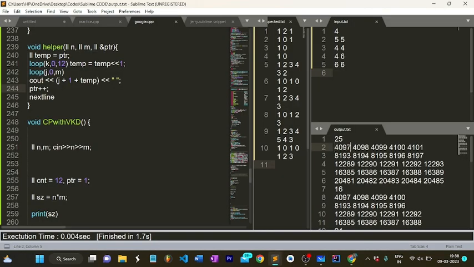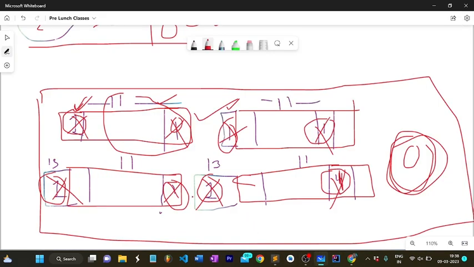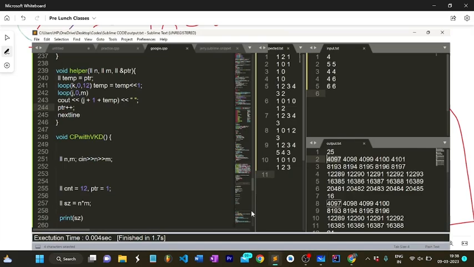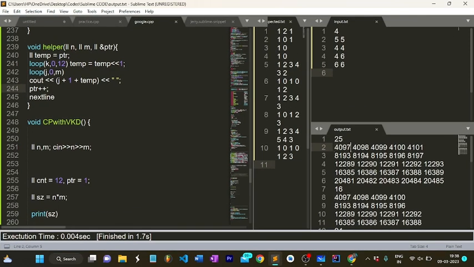Fine, in this number the 12th bit is set, and I have taken a +1 here. Why? Because I want to set this bit. So our first number has been constructed as 2 to the power 12 plus 1. This was our first number, which is 4097. 2 to the power 12 is 4096 and plus 1 is 4097.